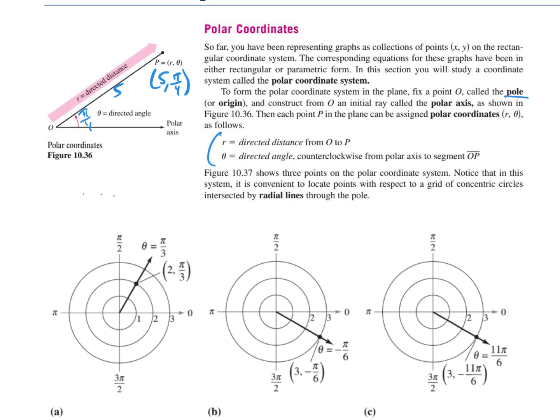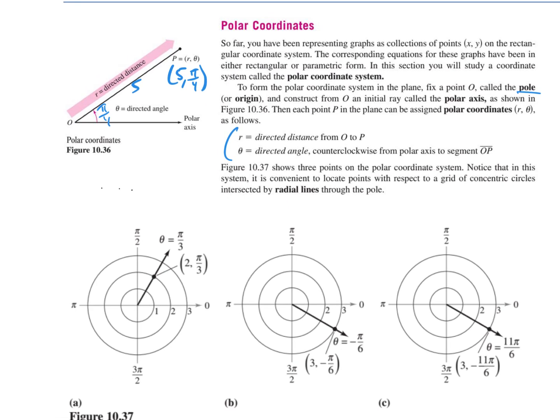So the way we locate points is like this. Here we have the point (2, pi over 3). So we've rotated pi over 3 and we've traveled out to a distance of 2. Notice it's on this circle that has a radius of 2.